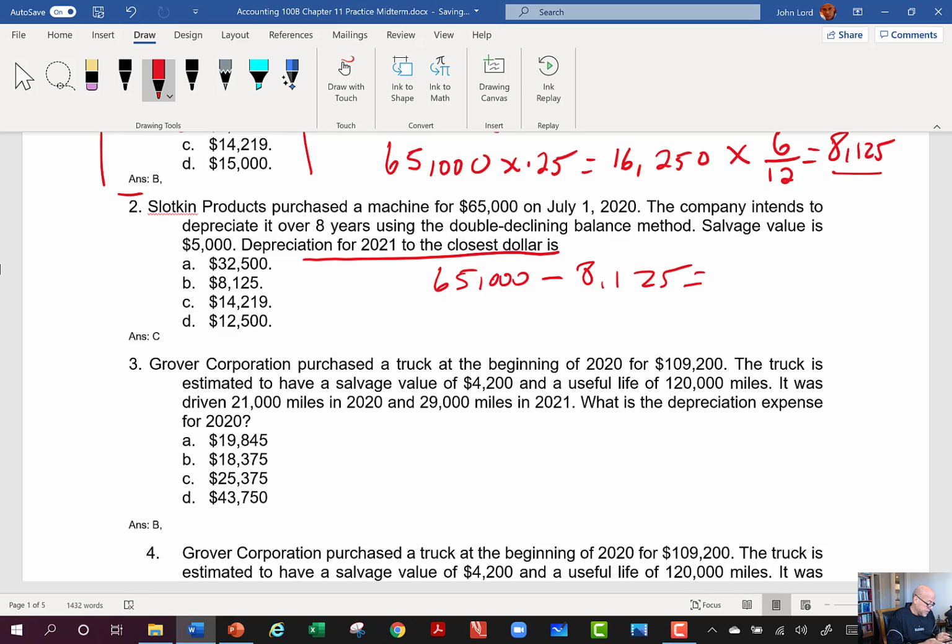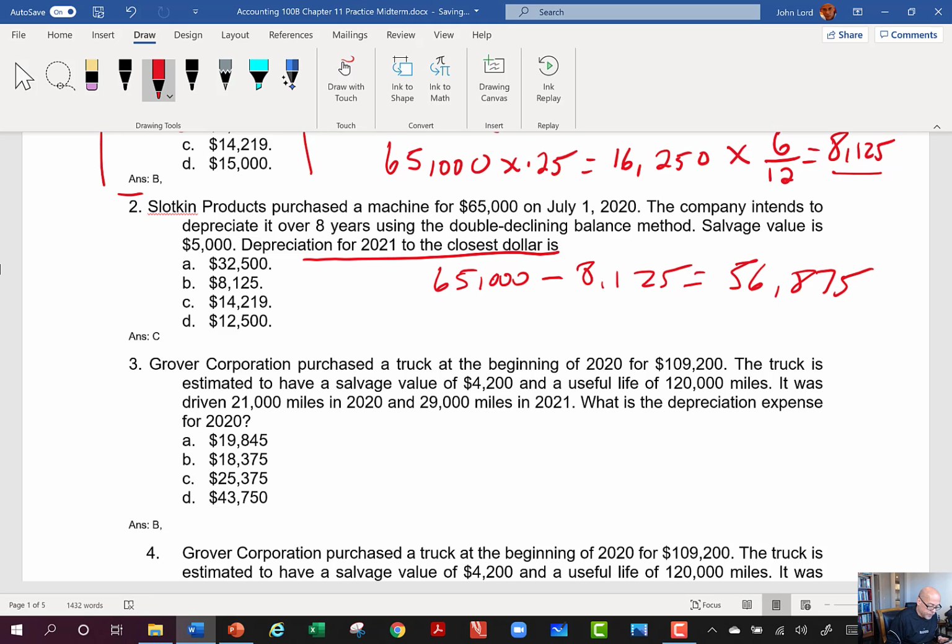That gives me a depreciable base at the start of the new year. I thought I wrote that down, but I didn't. I always use the calculator. I don't do anything in my head. 65,000 minus the 8,125 now gives me 56,875 as my declining balance to start year 2.